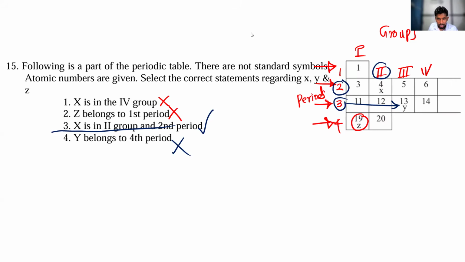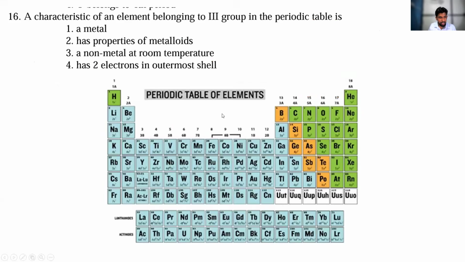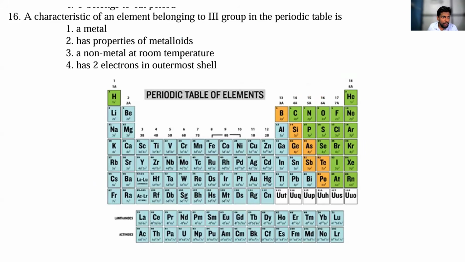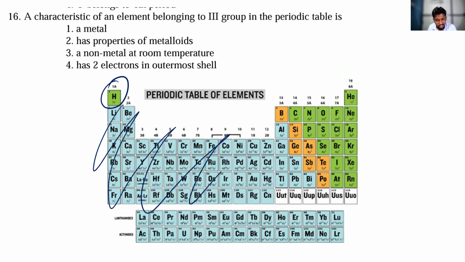Okay, now we'll move to the next question. Regarding metals and non-metals, the characteristic of belonging to the third group. What will be the answer? Listen here. In the periodic table, you can see the picture. Except hydrogen, all these will be metals.